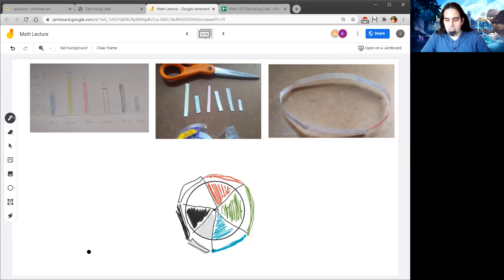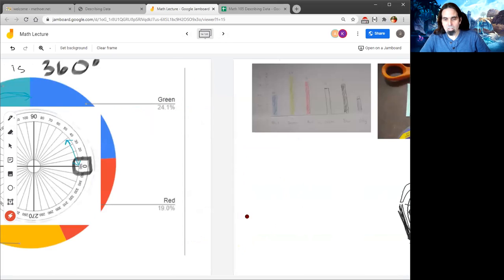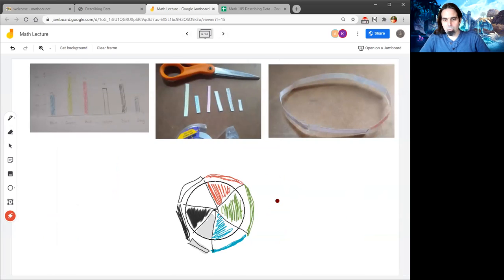Ta-da! So without any measuring, without all of those annoying things of multiplying 360 degrees by all these different percentages, you've now made a pie graph. And yes, yours is not as perfect or exact as what the computer would draw or measuring with a protractor a bunch of times, but this was a lot more fun and no one at your science fair presentation will ever care.